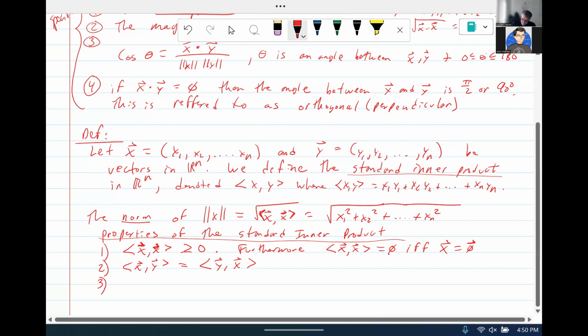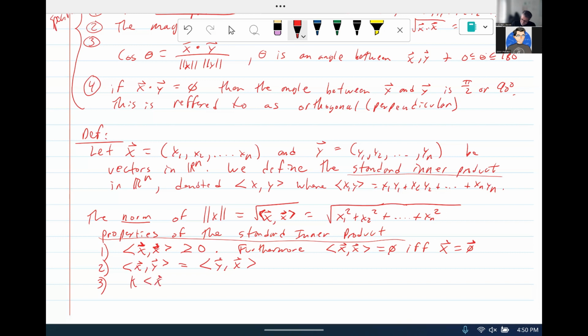Number 3. A constant times the inner product is equal to the constant times one of the values of the inner product, which is the inner product of x with ky.